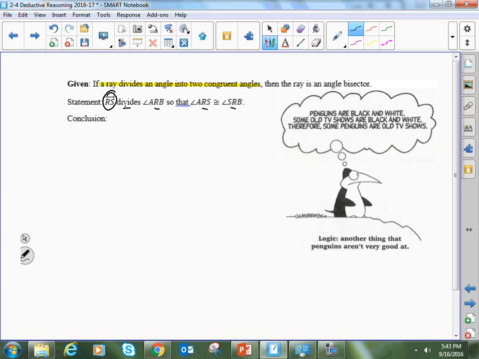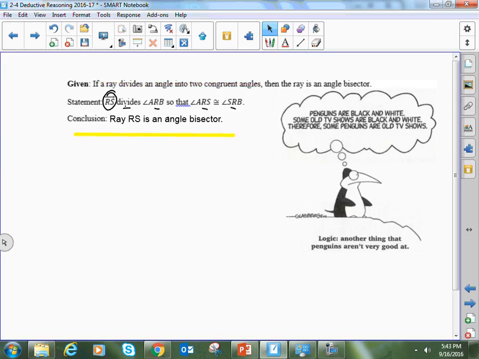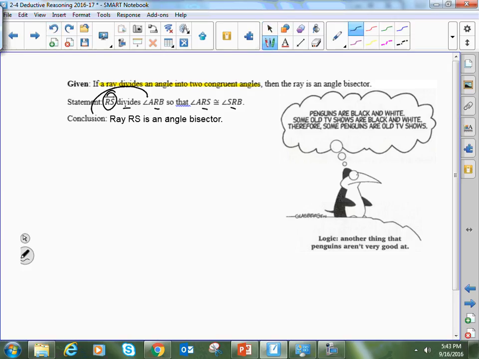They're still saying a ray dividing an angle into two congruent angles. So in this case, I can draw the conclusion that ray RS must be an angle bisector. I'm going to take what we're saying in our statement here, and we're going to combine it with our conclusion.